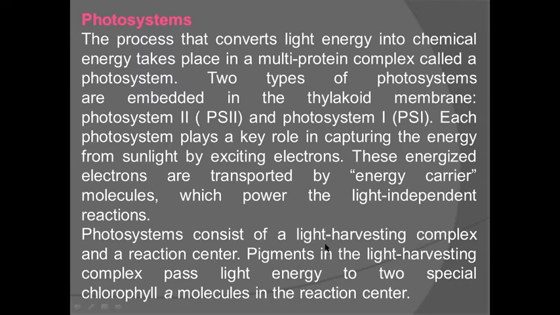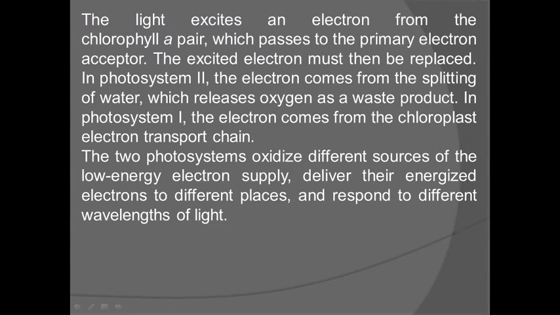Photosystems consist of a light harvesting complex and a reaction center. Pigments in the light harvesting complex pass light energy to two special chlorophyll A molecules in the reaction center. The light excites an electron from the chlorophyll A pair, which passes to the primary electron acceptor.